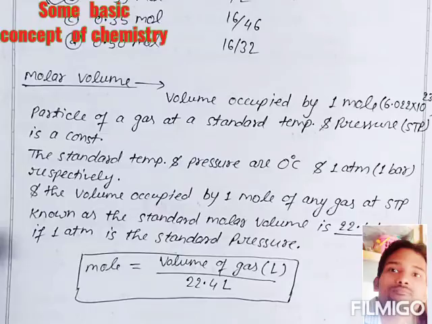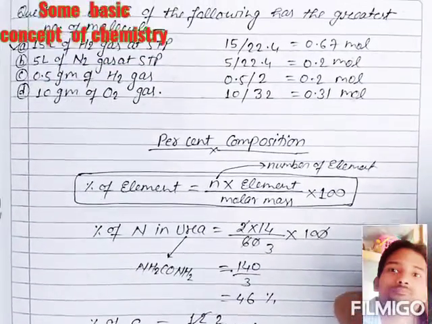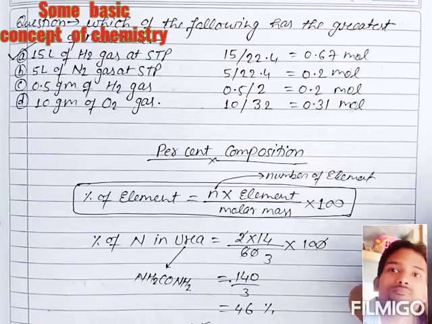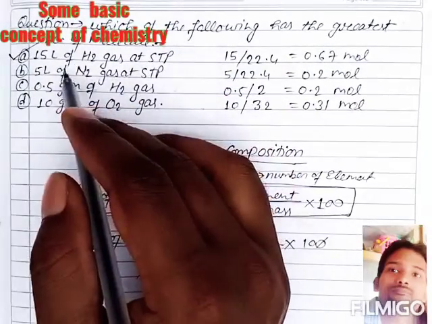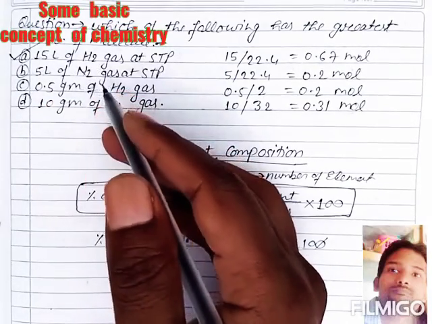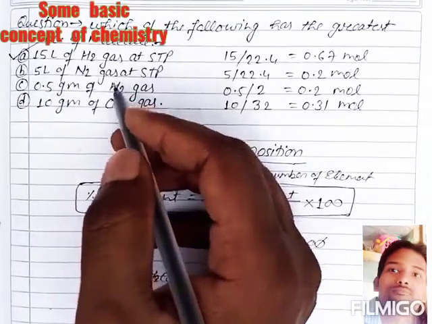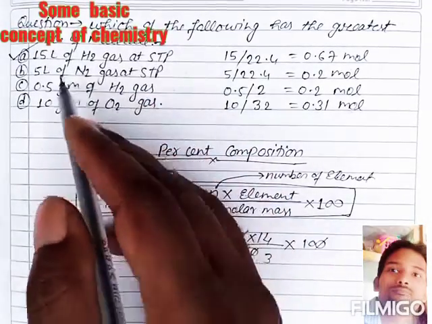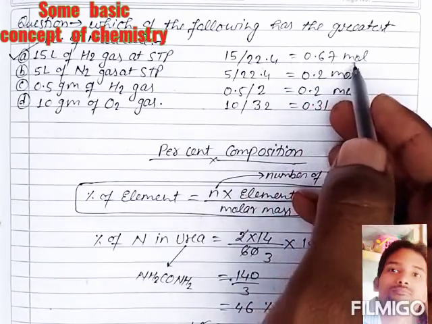Okay. Now look at another question. Which of the following has the greatest number of molecules? Here there are many molecules, in gaseous form or given by weight. So how will you calculate? 15 liter divided by 22.4 liter is equal to 0.67 mole.